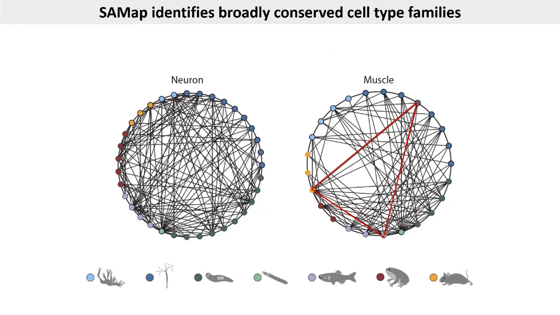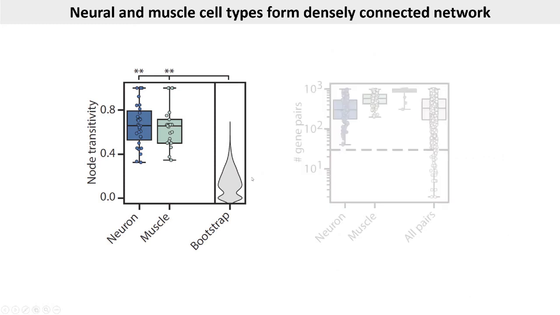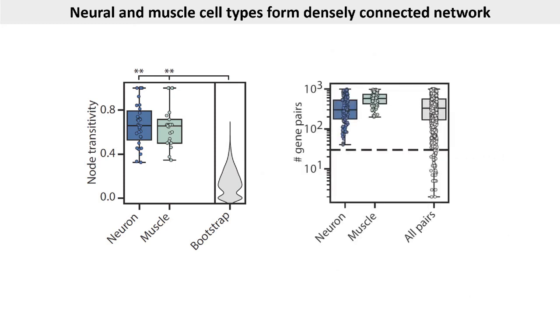And indeed, neurons and muscles have high connectivity compared to the overall cell type graph, and all mapped pairs share a large number of genes, suggesting that the cell type families are defined by deeply conserved gene expression programs.